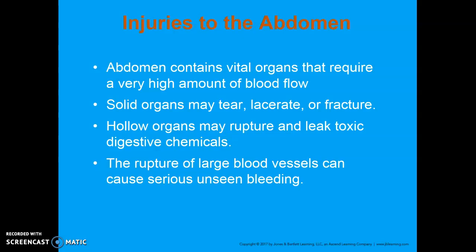And so if those rupture and leak, you may end up getting all of those toxic chemicals, digestive juices and whatnot, just hanging out in your abdomen, which can cause a lot of problems, including life-threatening infection. You have a lot of blood vessels because you have a lot of organs, so you can have serious unseen bleeding, so we want to continue to assess.